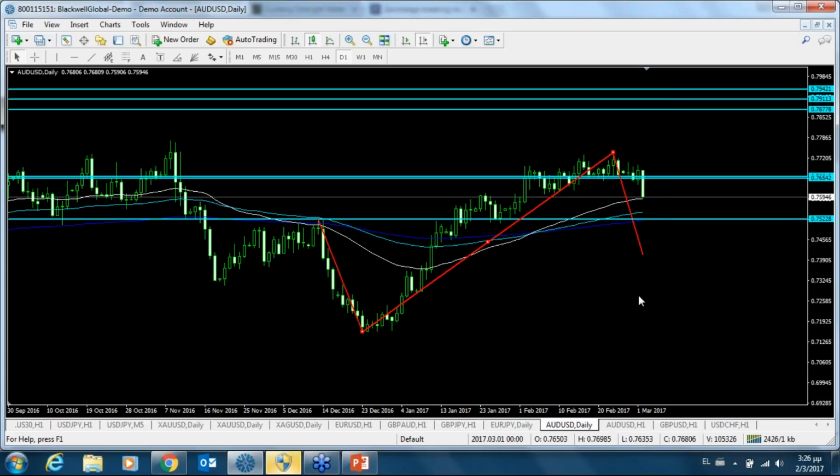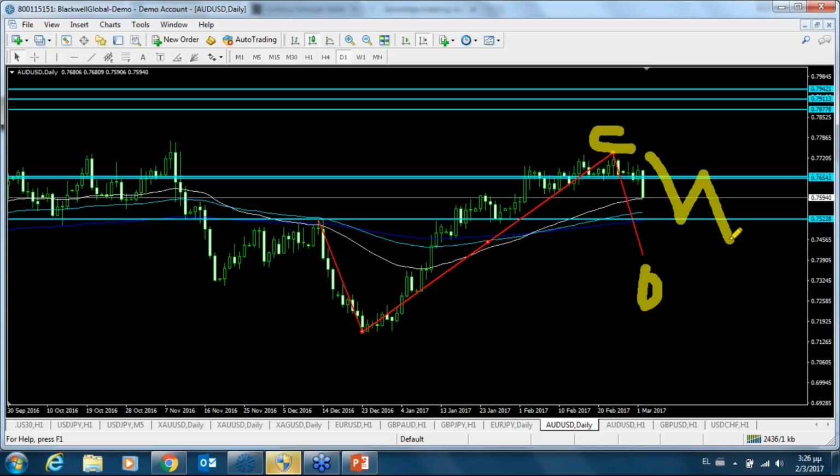Some data has not been good, but be careful, because usually at this level from C to D, it'll make that ABCD shape down. You might see this candle come down, make a correction up, and then come down to D, and D is the area where it might actually pop back up again.